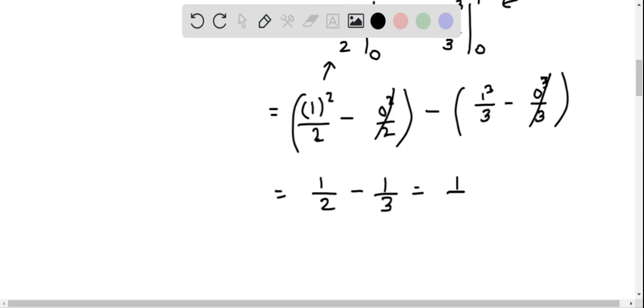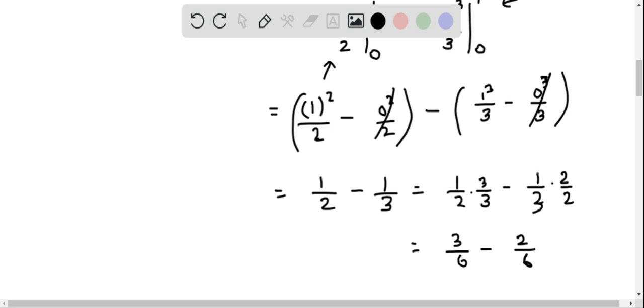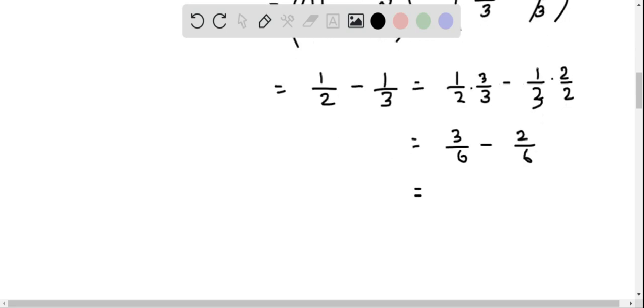The first fraction we multiply and divide by 3, and the second fraction by 2. So the first fraction becomes 3 over 6, and the second becomes 2 over 6. Now we have the common denominator, so this equals 3 minus 2 divided by 6, which equals 1/6.